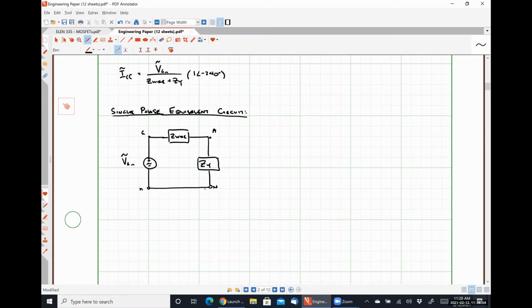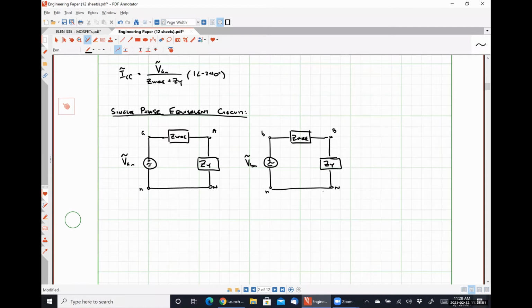For the B phase, here's our circuit. And for the C phase, it's going to be the exact same thing, except we're going to have lowercase c and capital C where appropriate.